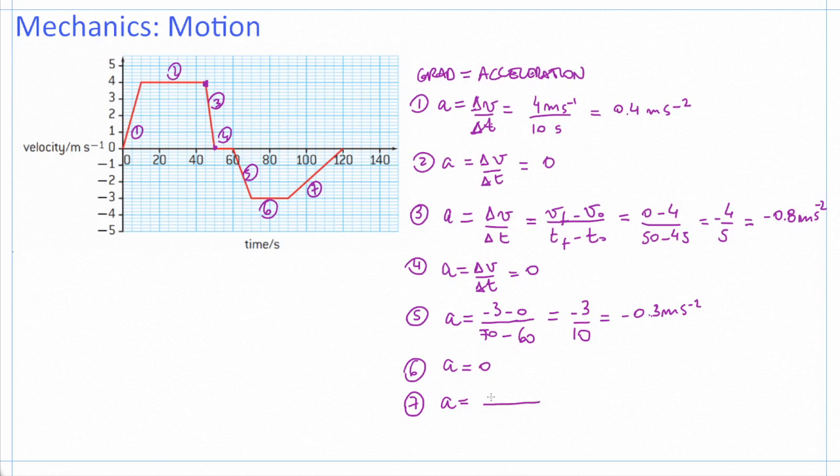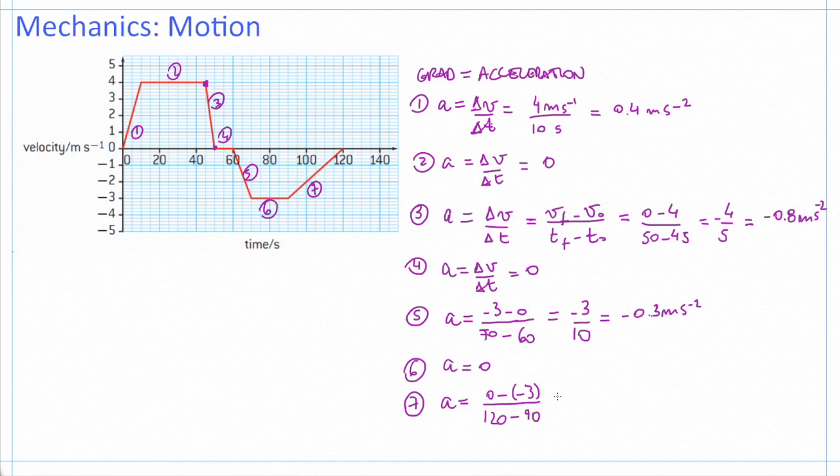So our final velocity is 0, and then minus, what was our velocity before? Over here our velocity was -3, so 3. Here it's final time, which is 120 seconds, minus initial time, which was 90.